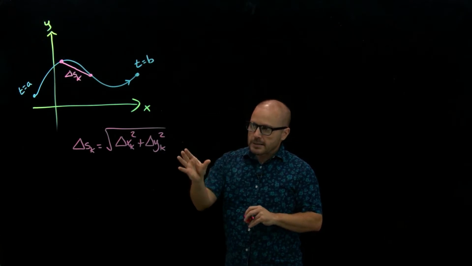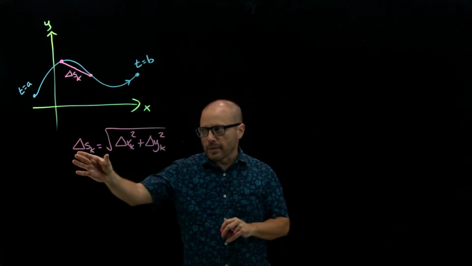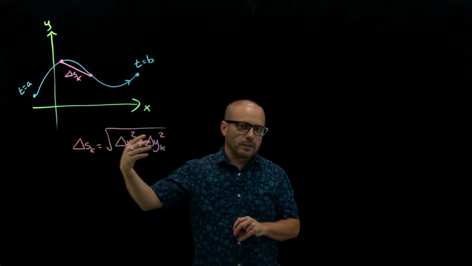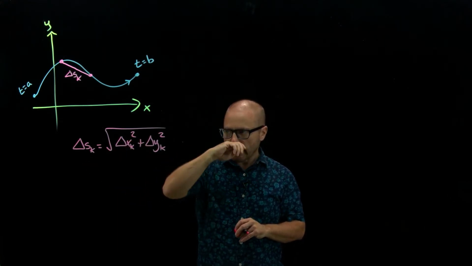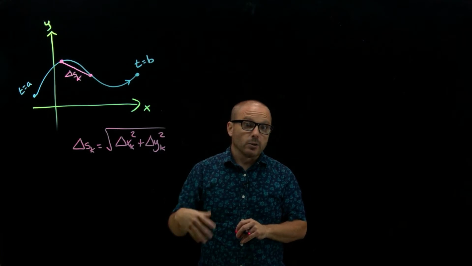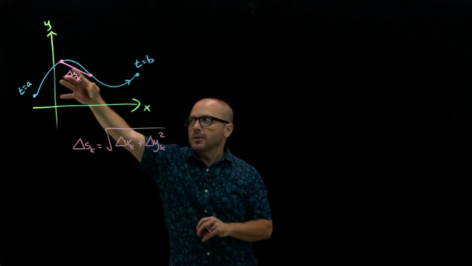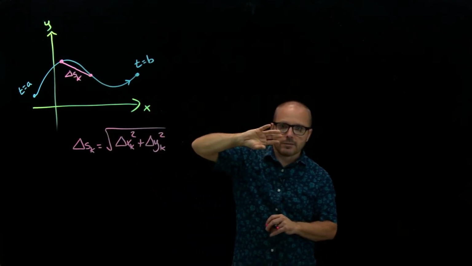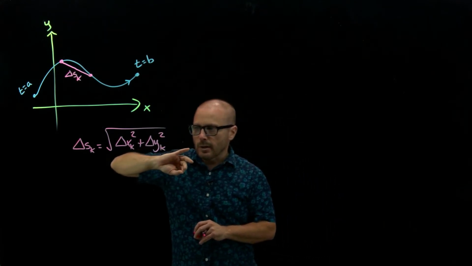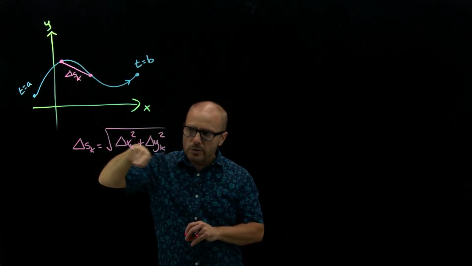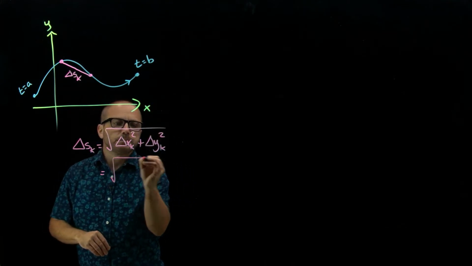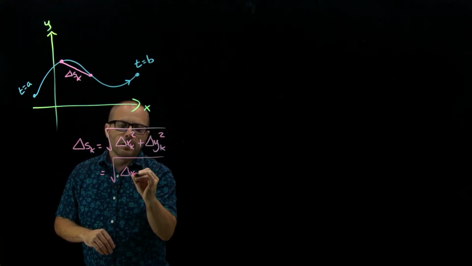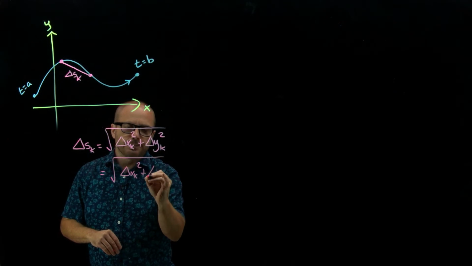Now, when we did this in Cartesian, we wanted to end up with a Riemann sum involving delta x or delta y, and we achieved that by factoring out. But I'd like to have an integral of t, right? Because this curve is defined as a function of the parameter t, parametrically. So I want to introduce t into this. And so we can simply multiply by a form of 1.